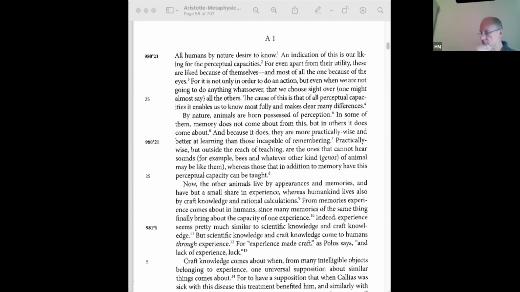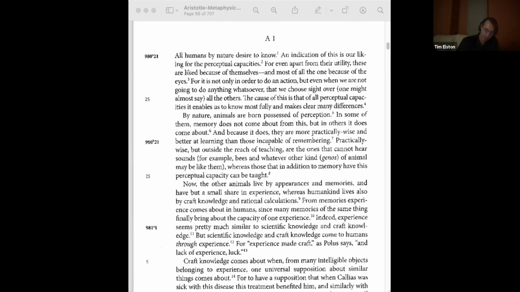And I don't get why many memories are necessary to experience, because he does distinguish between experience and craft knowledge, which he says comes about from many intelligible objects, and that for me corresponds to many memories belonging to experience, one universal supposition.